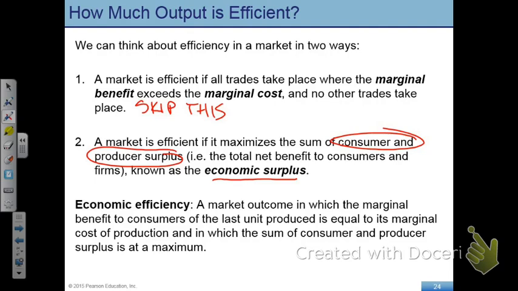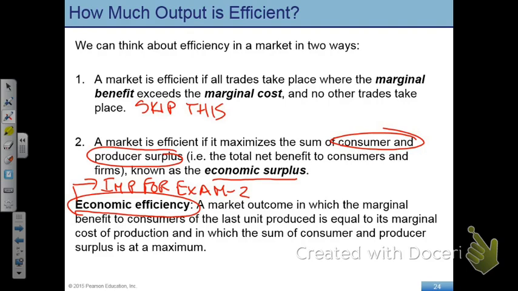But from the efficiency perspective, we are not biased towards any group. We want to maximize the total surplus of the economy. That takes us to a more refined definition of economic efficiency, and the definition will be in your next exam. It is very important for exam 2.